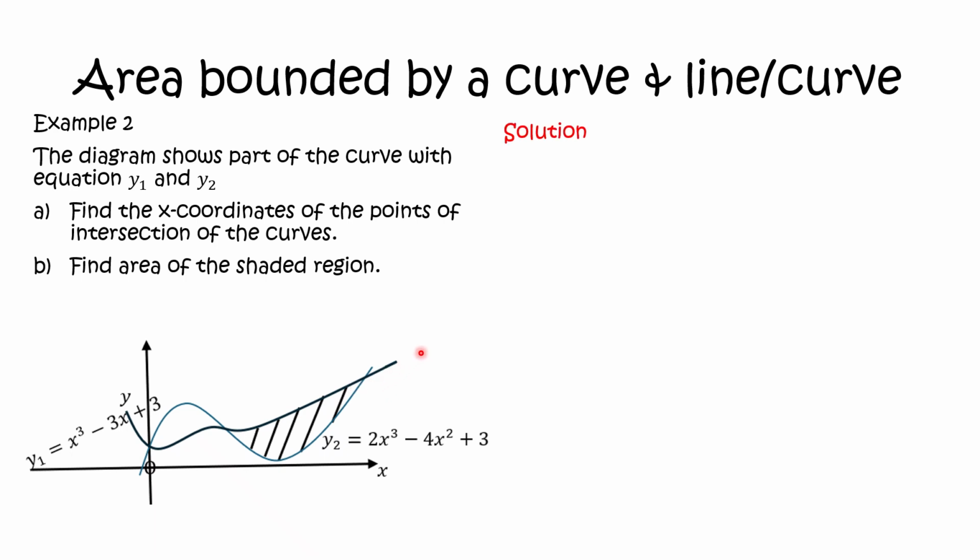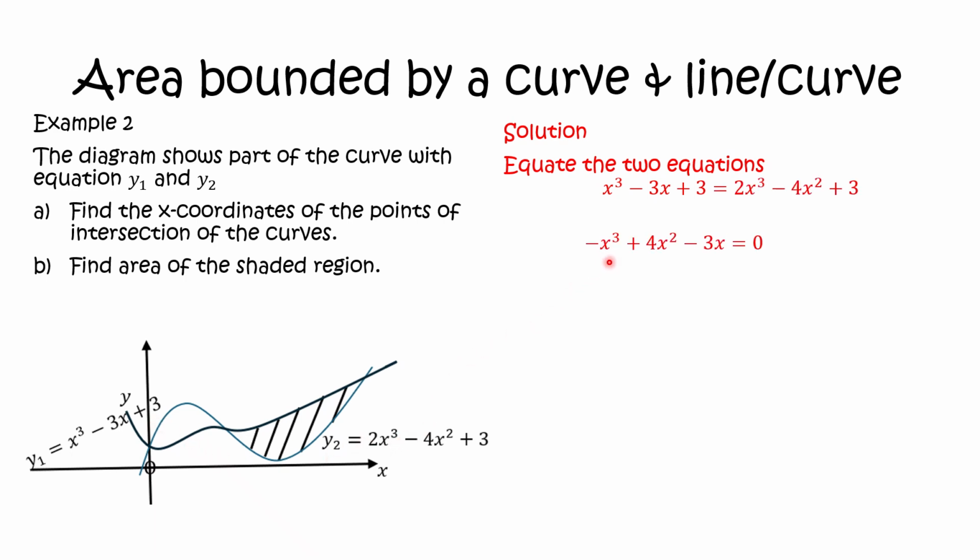So for the solution, in order to get the points of intersection, we would need to equate the 2 equations. So as we equate the 2 equations, we get minus x cubed plus 4x squared minus 3x is equals to 0. Let's label that equation 1 because we are going to refer to that equation later on.